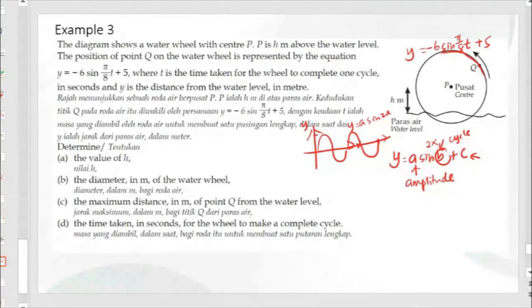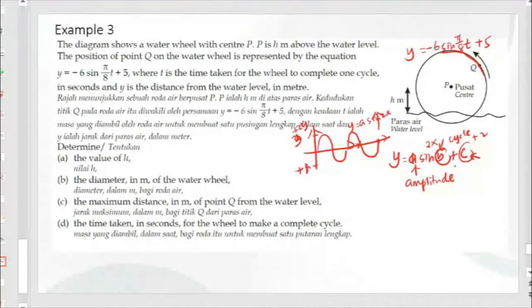A is the amplitude. Up is a, bottom is -a. Then C is how much it moves up. Let's say it's +2. It means that the value here, let's say this is 1, then you add 2 and it becomes 3. Then -1 plus 2 becomes +1. So you have to move your whole graph upward. Okay, understand?